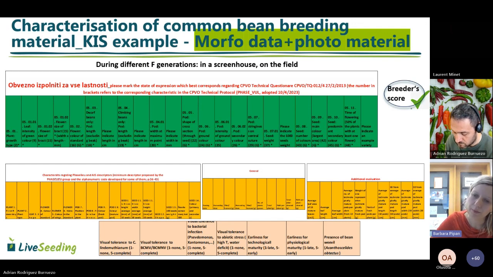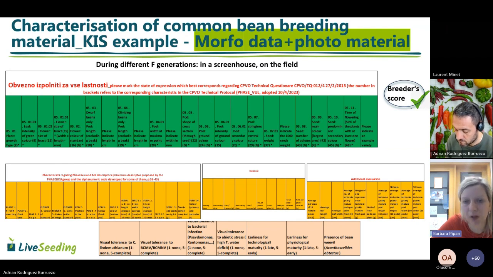The breeder score is very important because the breeder goes through all the materials, through the vegetation, at least 3 to 4 times, to evaluate the general performance of the plant, of course everything according to the breeding objective.